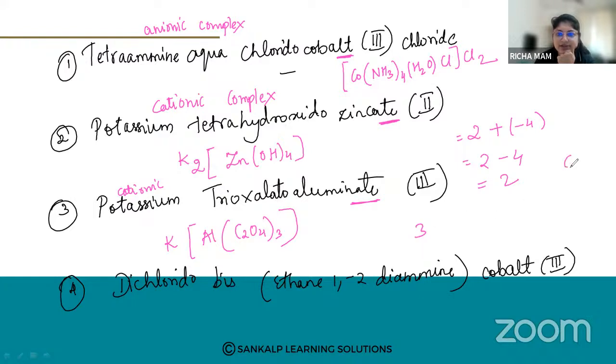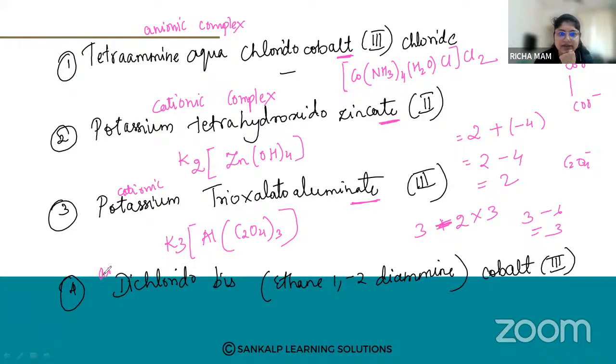Oxalato is C2O4 minus 2, so minus 2 into 3 is minus 6. So 3 minus 6 equals minus 3. So it becomes K3.